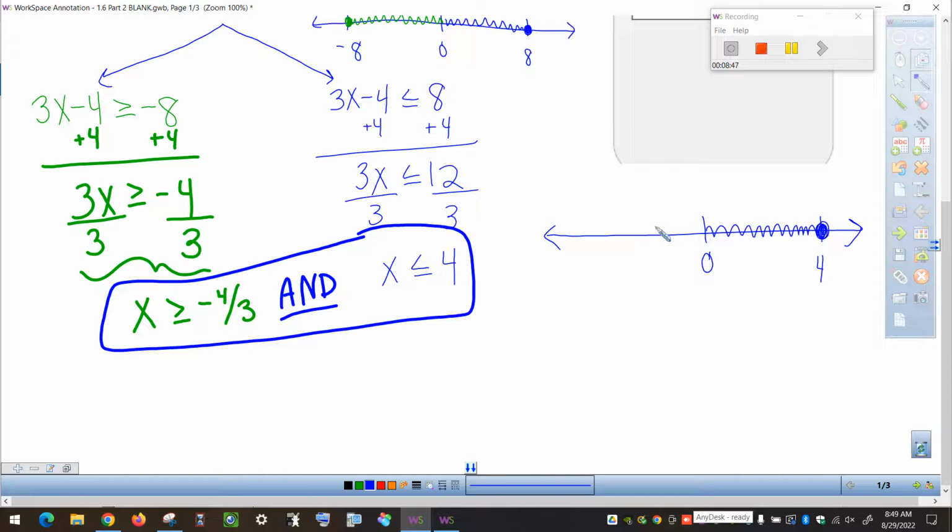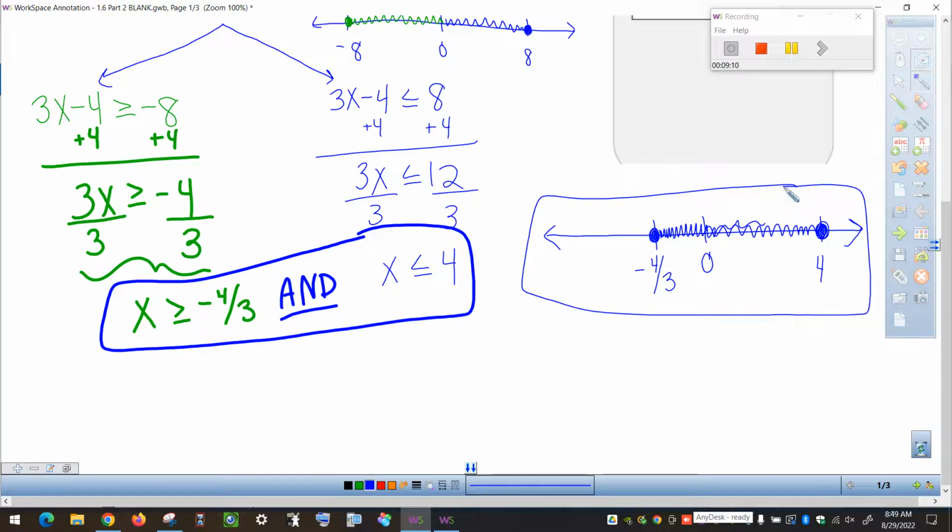So that's going to be a little closer to 0. I'm going to go ahead and label that here. I'm just going to keep it as a fraction, though. And greater than or equal to means that it's shading on the right. And so notice, just like we're used to seeing with the "and" problems, the shading is going to overlap. And so this would be a number line graph of our solution.